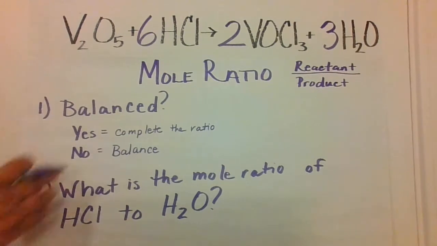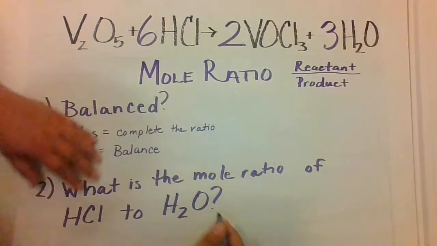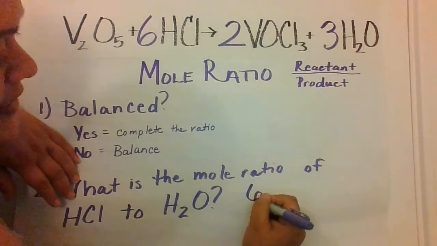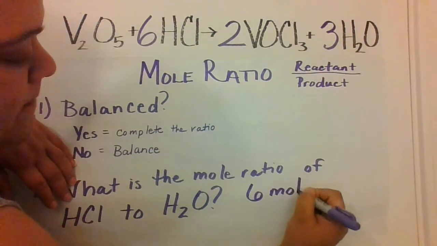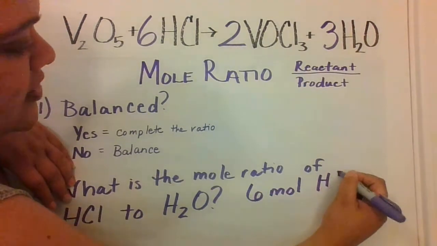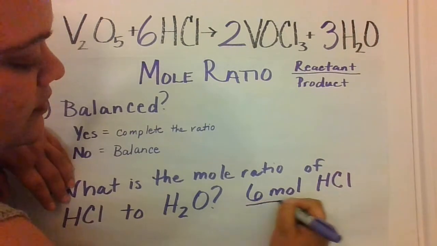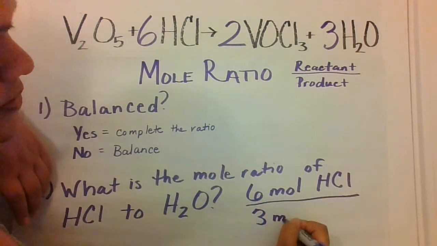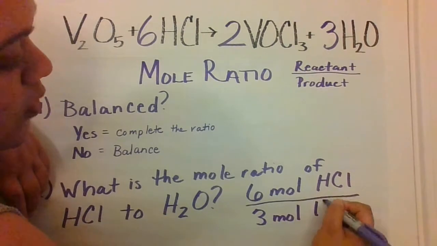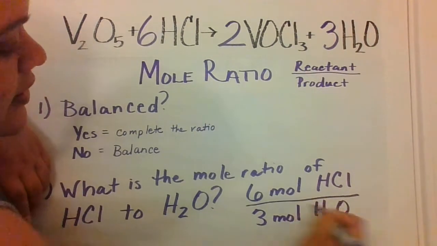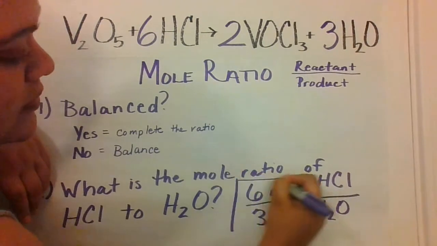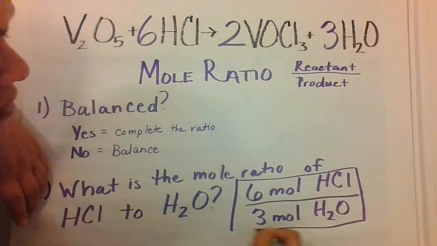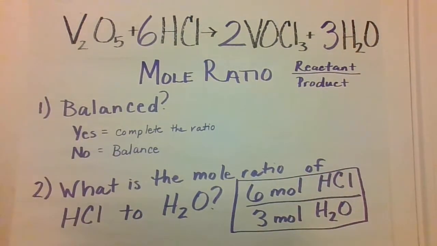So if we look at hydrochloric acid, or HCl, we're going to have 6 moles of HCl for every 3 moles of water in this problem. So remember, it is your reactant over your product.